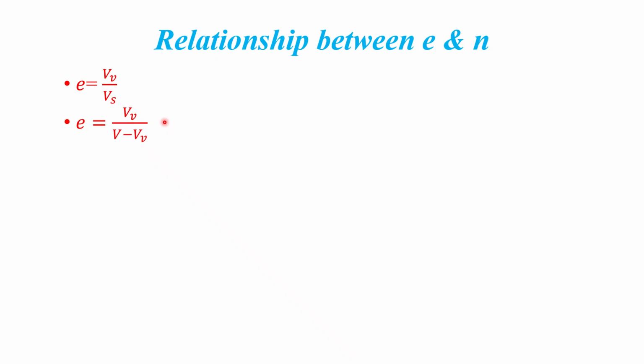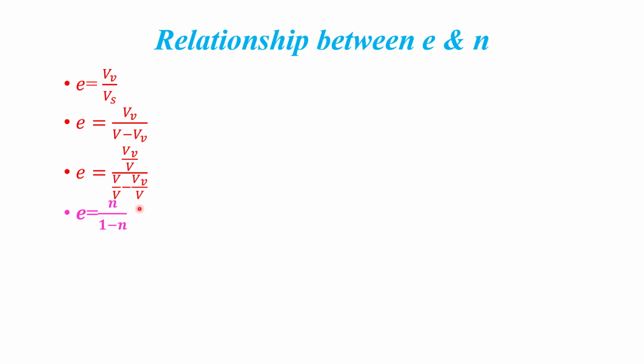We can divide the numerator and denominator by the same quantity V, that is the total volume. e equal to volume of voids by total volume divided by total volume minus volume of voids by total volume. We know that volume of voids by total volume is porosity n. So, e equal to n by 1 minus n.